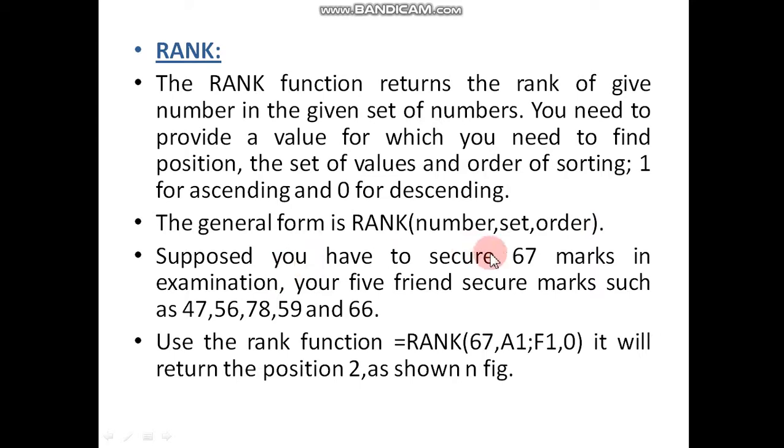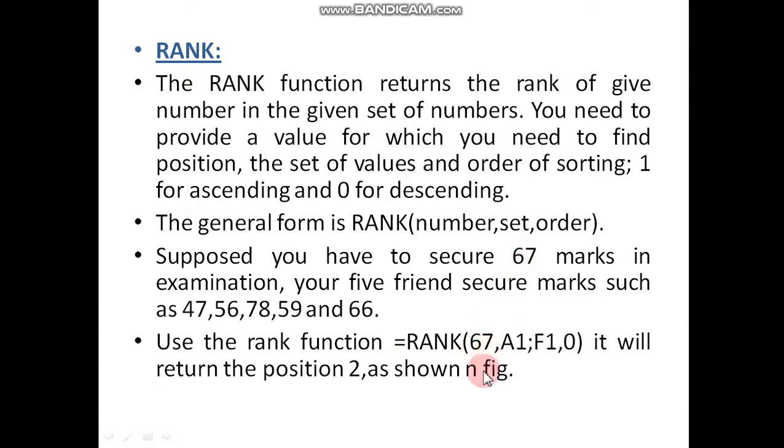Suppose you secure 67 marks in an examination. Your 5 friends secure marks such as 47, 56, 78, 59 and 66. To find your rank, let's use the RANK function. Write RANK, which is the function name, then give the value. Your number is 67.